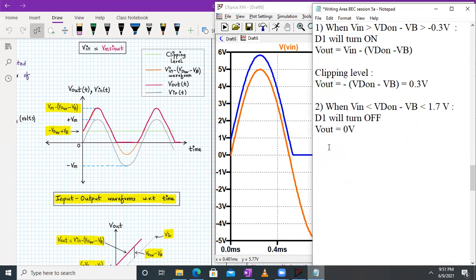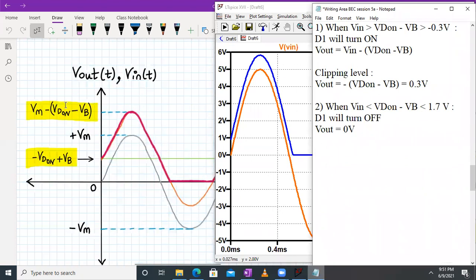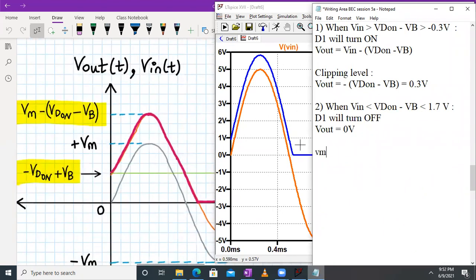Over here, what we have given is VB just for simplicity. This highest level reached over here is VM minus VD on minus VB. And what is VM in the LTspice over here? Right now it is 5 minus VD on, which is 0.7, and here it is minus 1.5.